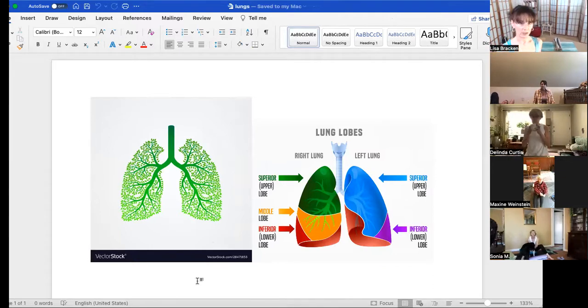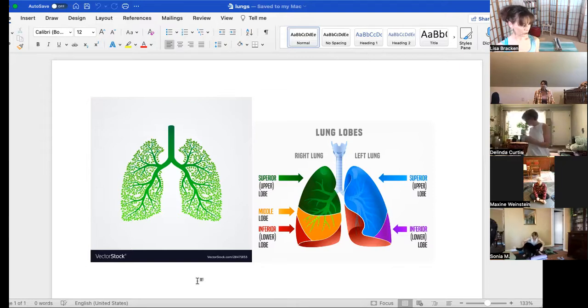If you look at this graphic on the left, the roots of the tree are actually located around the upper palate. The trunk is your windpipe, or your trachea, and the branches extend into the lobes of your lungs.